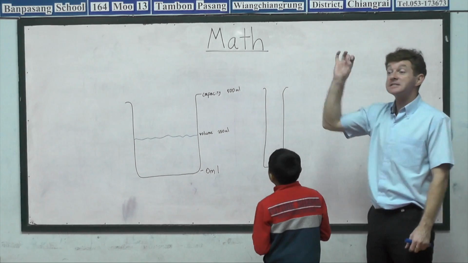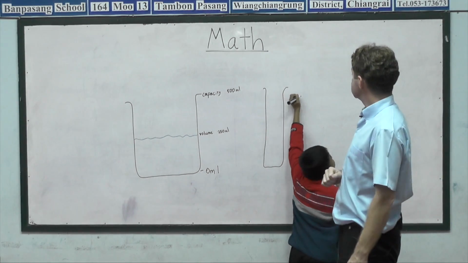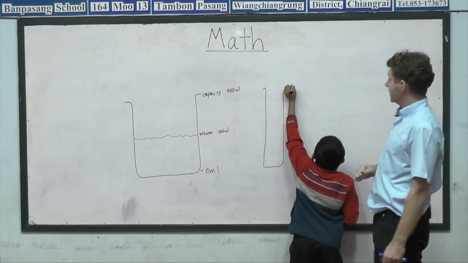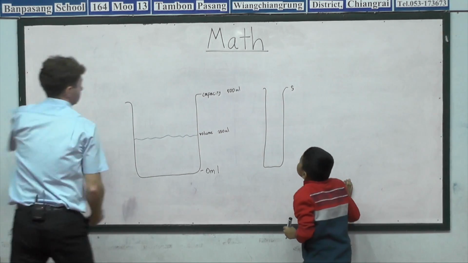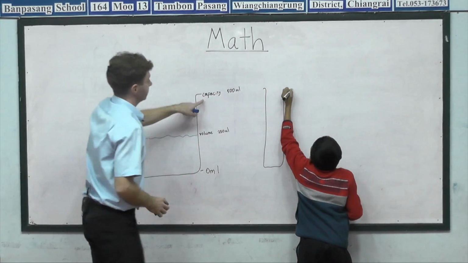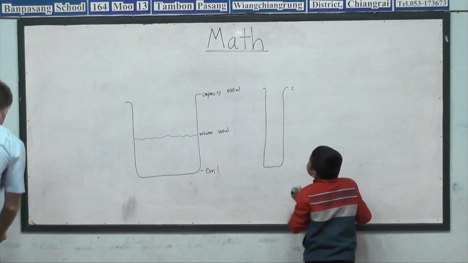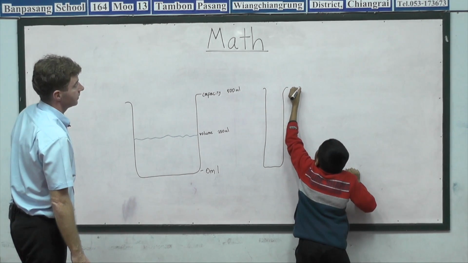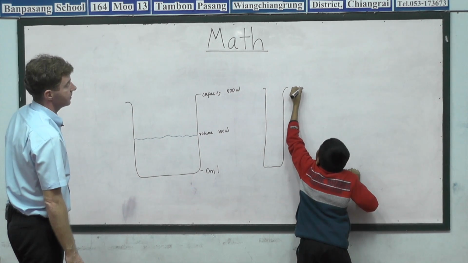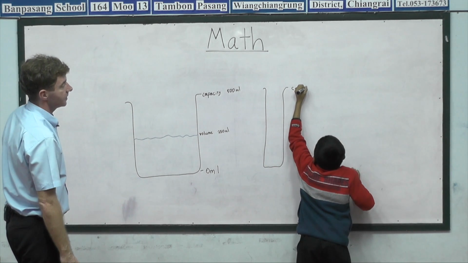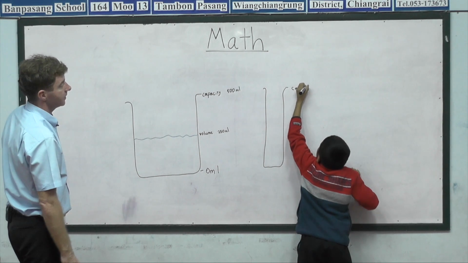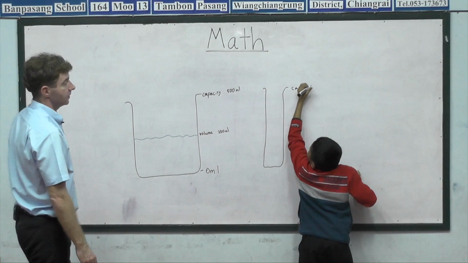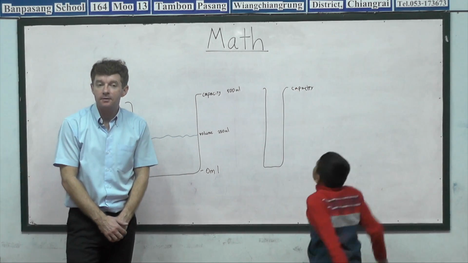How do we spell it? C, A, P, A, C, I, T, Y.